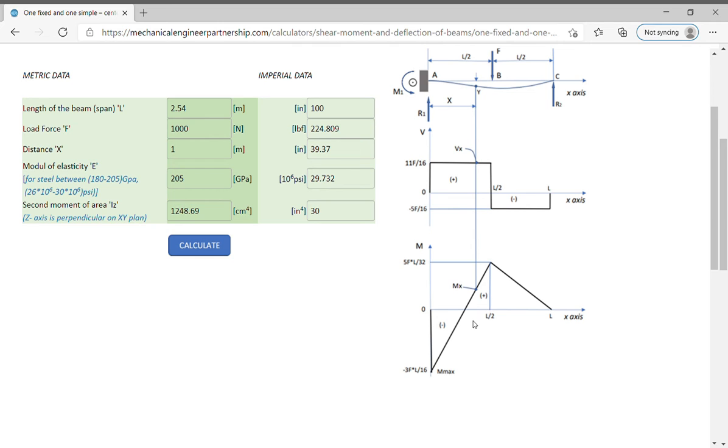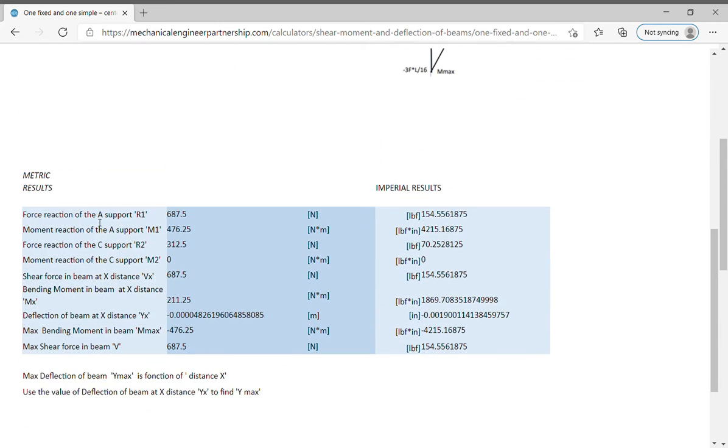The results are: force reaction of the A support R1, moment reaction of the A support M1, force reaction of the C support R2, moment reaction of the C support M2, shear force in beam at x distance Vx, bending moment in beam at x distance Mx, deflection of beam at x distance Yx, maximum bending moment in beam Mmax, maximum shear force in beam Vmax.